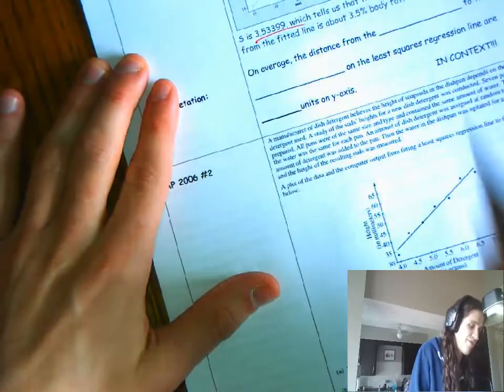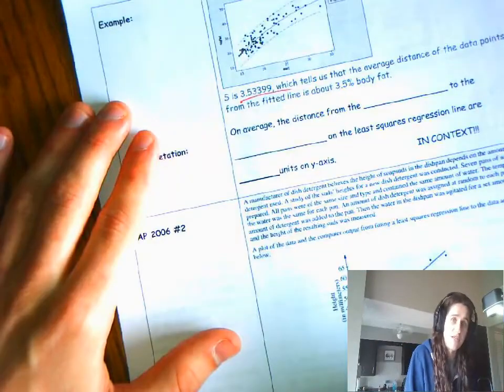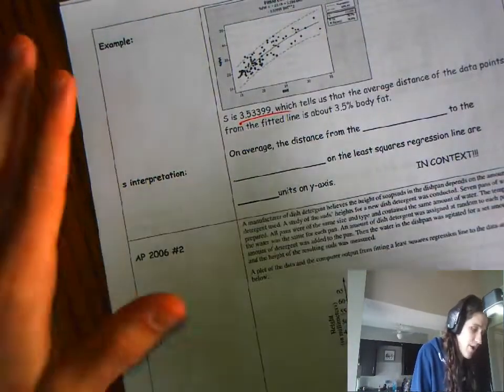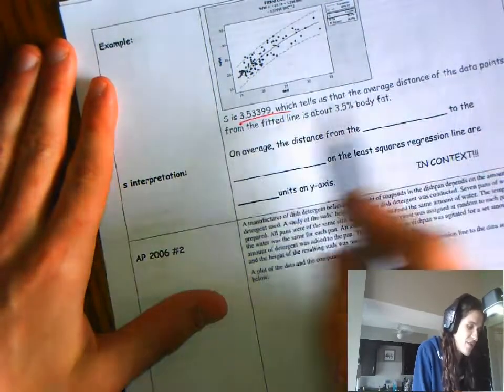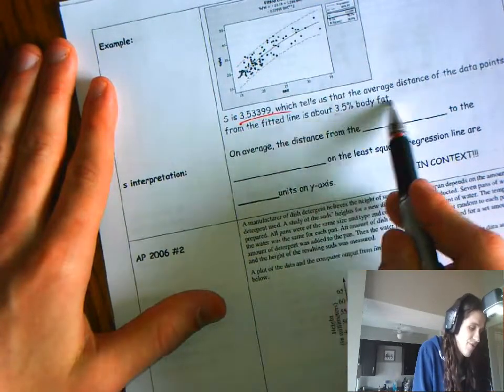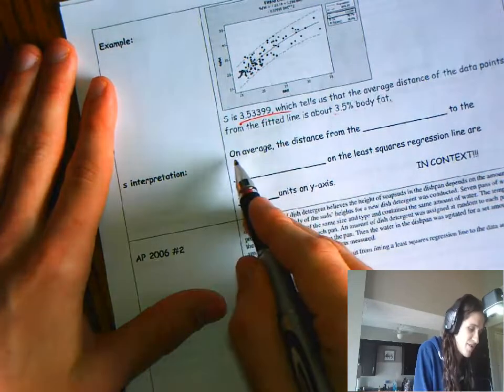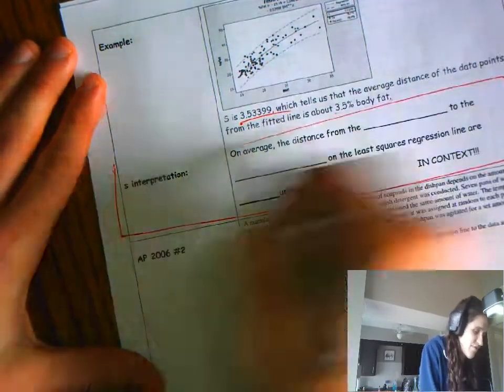All right, so up here it gives us an s value. It tells us the s value is 3.53399, which tells us the average distance of the data points from the fitted line is about 3.5% of something on average. All right, here's our s interpretation. Here's our template.